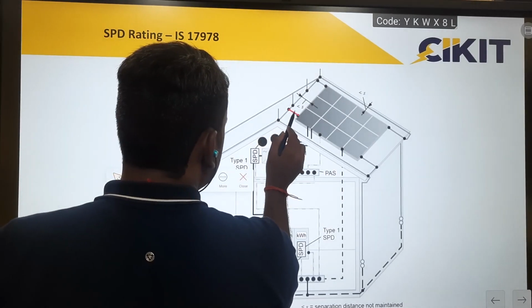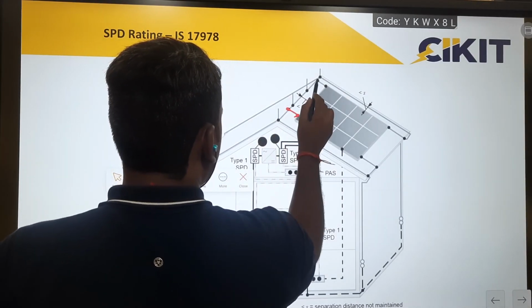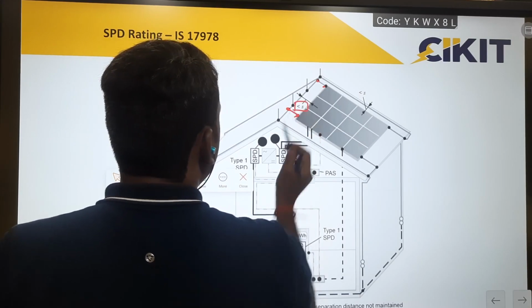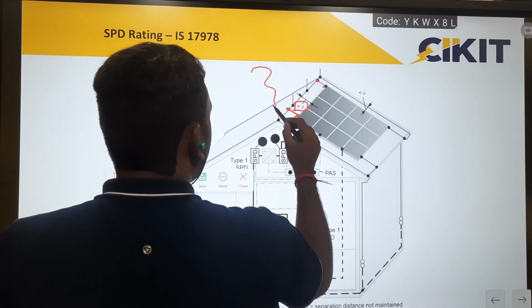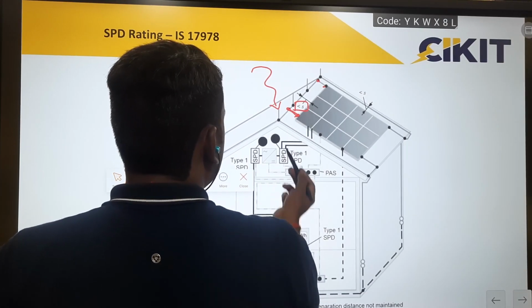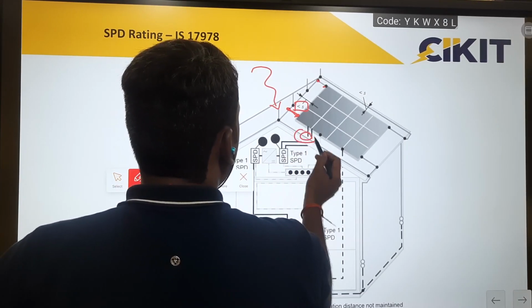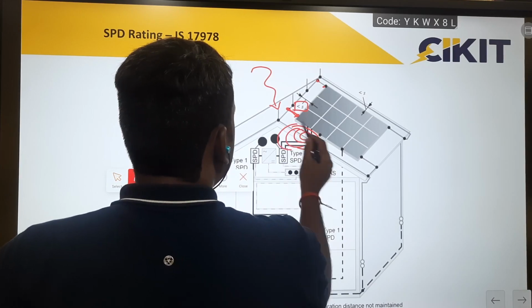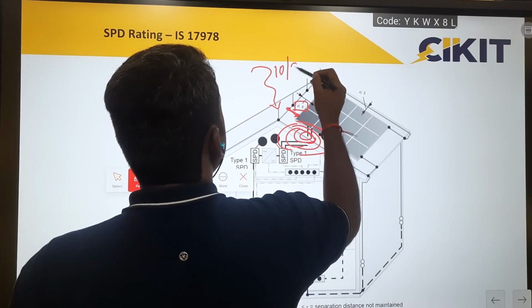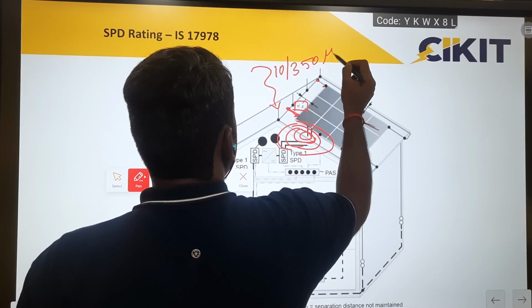So in this case, you can observe there is some equipotential bonding done. And here we are not providing sufficient spacing. In this case, if any lightning is happening, then there will be some induction on this power line due to the magnetic field. So, in general, if any lightning is coming, it will be in terms of 10 by 350 microseconds.